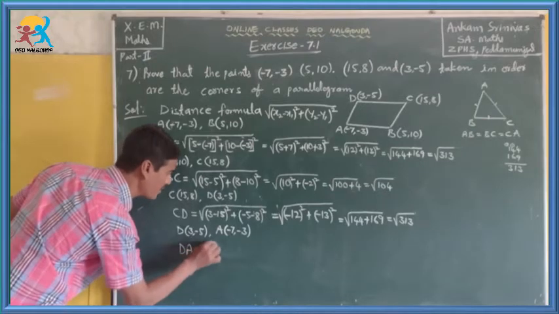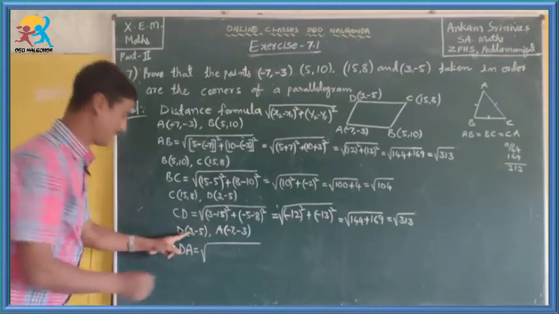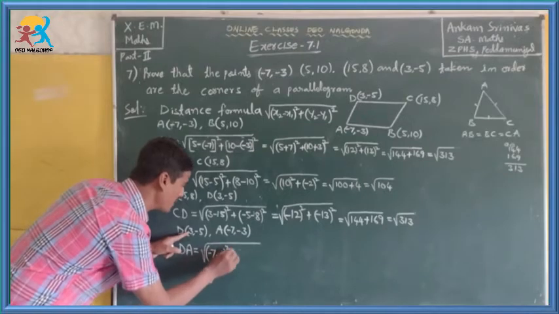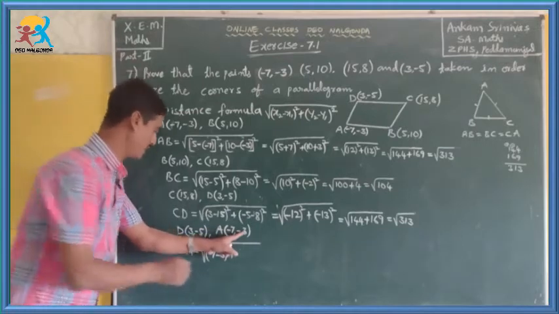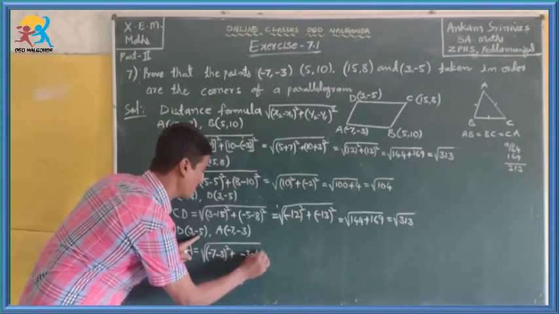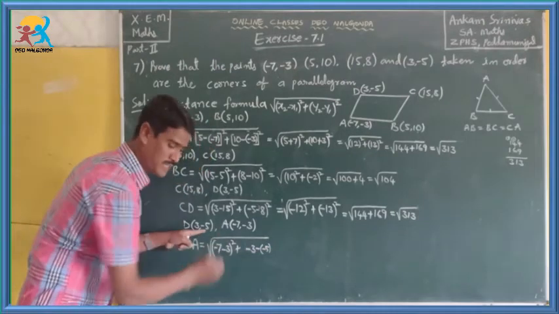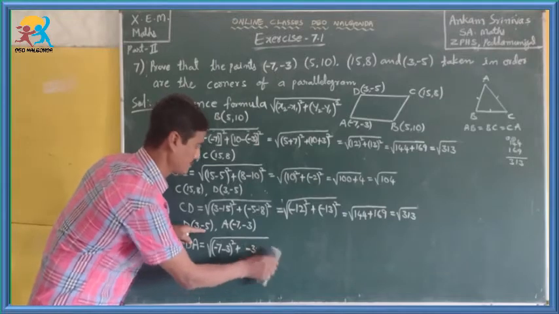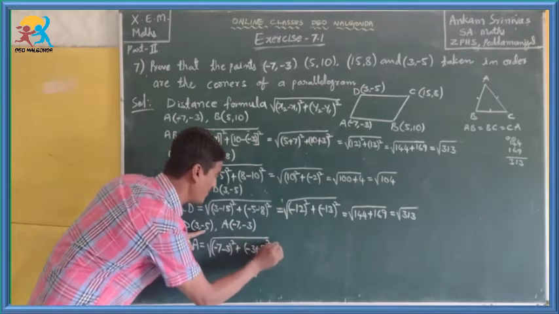Length of DA equals square root of (x2 minus x1, minus 7 minus 3) whole square plus (y2 minus y1, minus 3 minus of minus 5). Minus of minus becomes a plus. You can write here plus 5. I am writing here directly whole square.